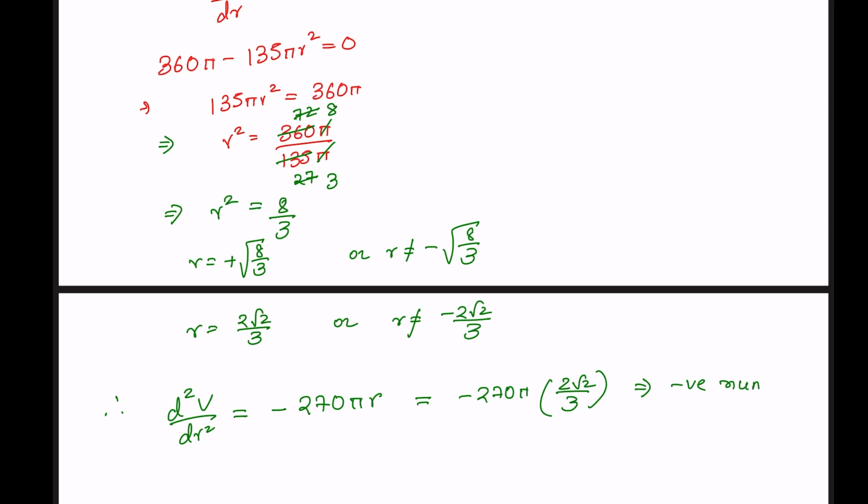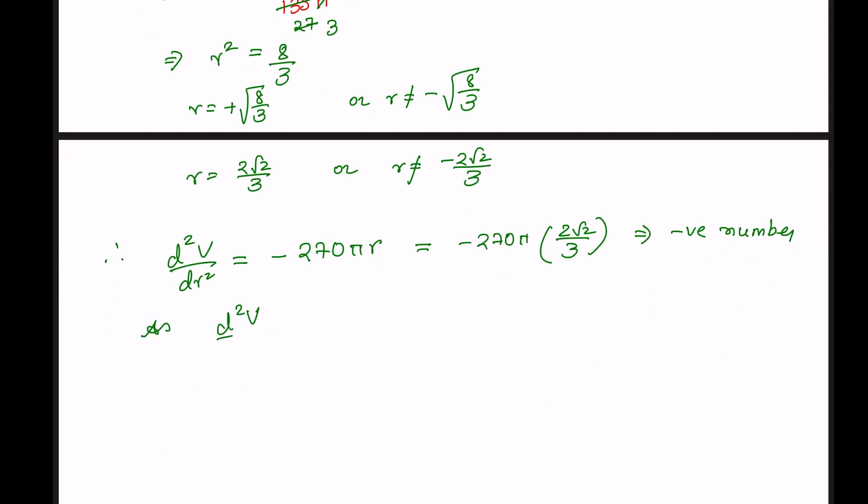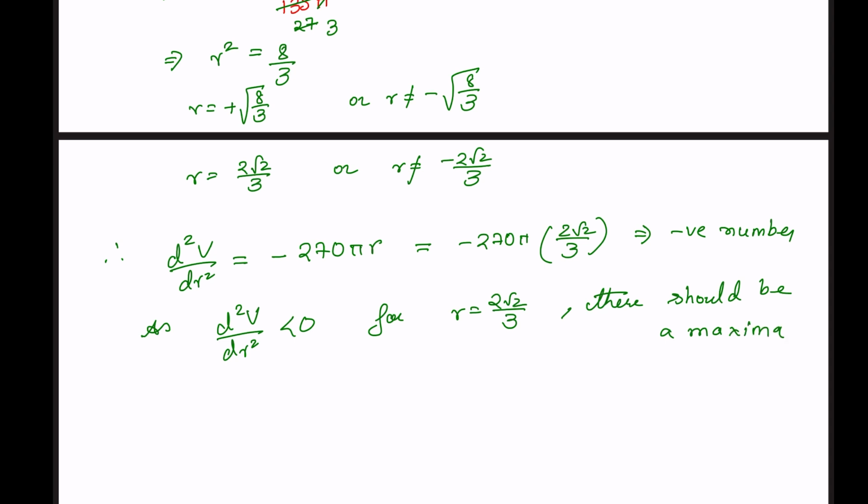As d2V by dr square is less than 0, for r equals 2 root 2 by 3, there should be a maxima. And for the other value, if r was negative, there would be a minimum. So therefore r equals 2 root 2 by 3.